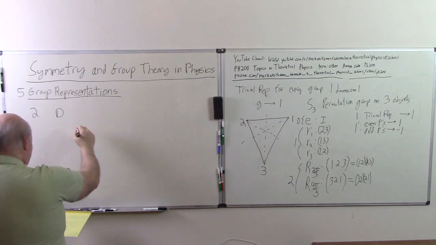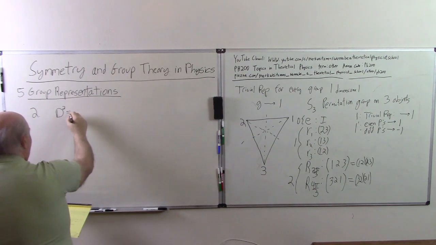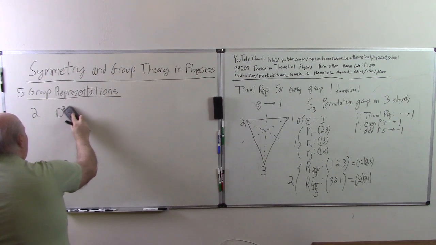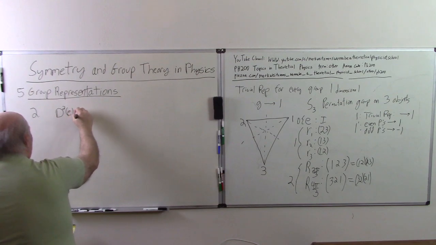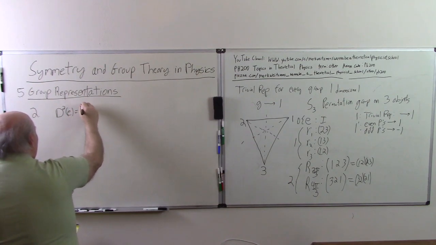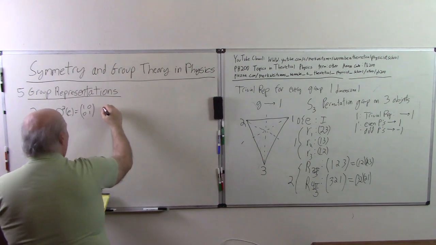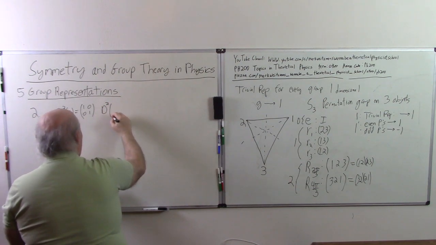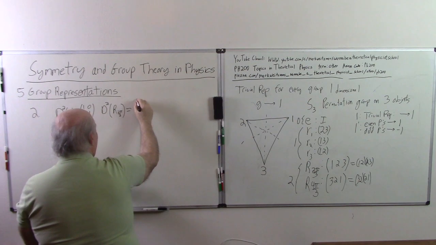So I'm going to write down D, I'll put 2 because it's the 2-dimensional representation. So the identity element always maps to the identity matrix. I'm doing these group elements a little bit out of order, but there's a reason for that.